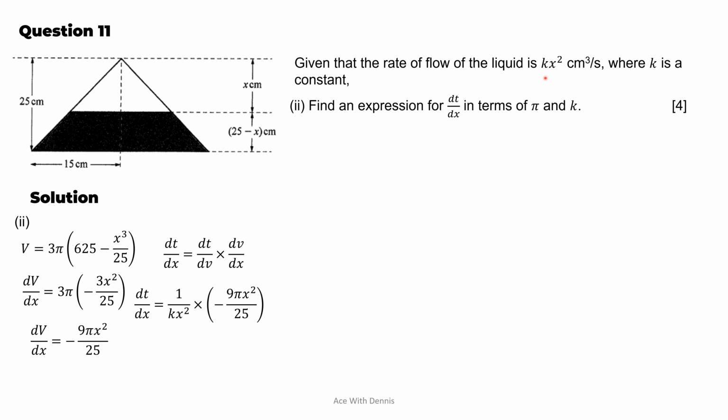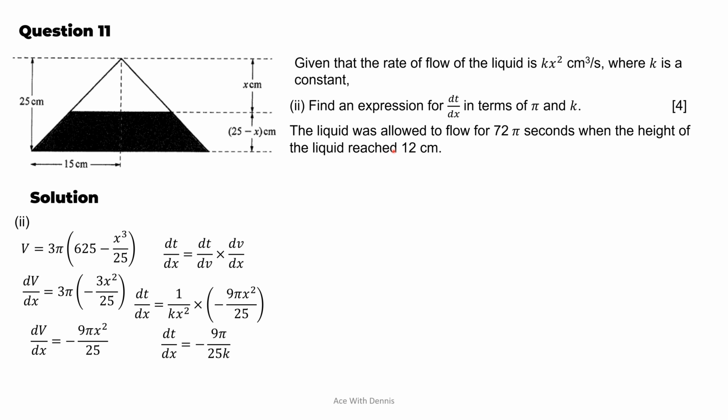Therefore, it will be the reciprocal of kx squared. We get 1 over kx squared times dV over dx, which we have already got, negative 9 pi x squared over 25. So we simplify. Here we get dt over dx equals negative 9 pi over 25k. So this is the answer.